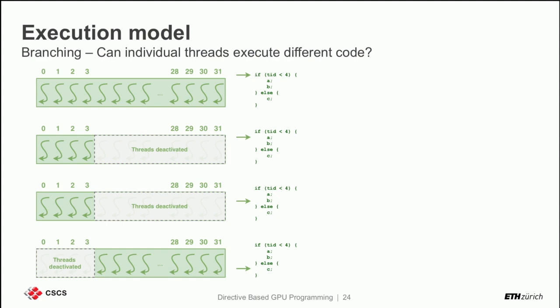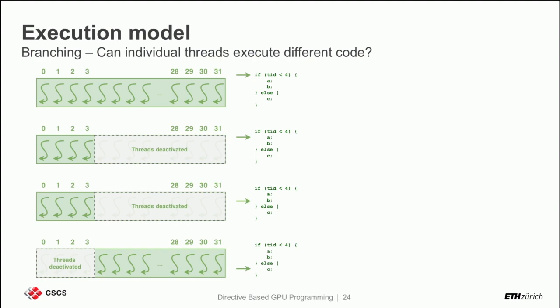But from the hardware there is this limitation that they have to execute the same instruction, so how can this be possible when I have a branch? It works as follows.